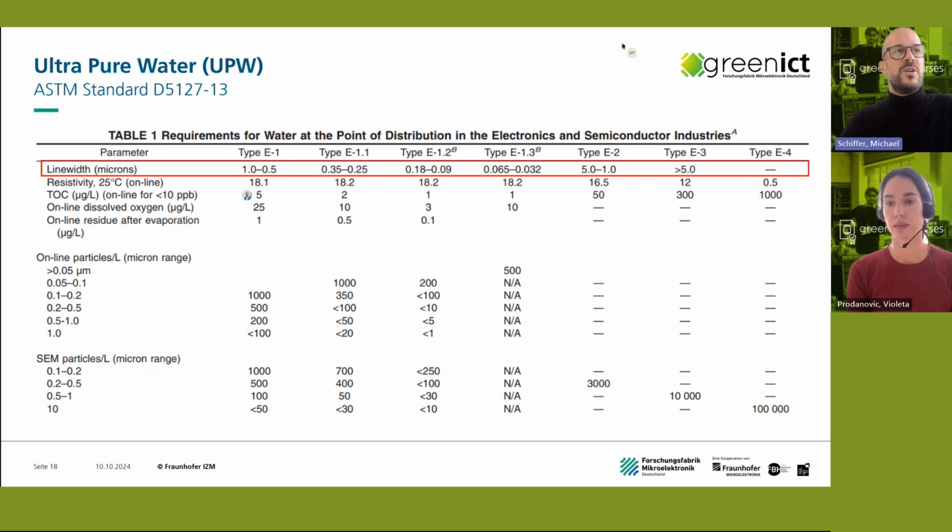We have a low dissolved oxygen here. Residues after evaporation are also very low. But you can see that also E2, E3, E4 for larger line widths or for substrate manufacturing or something like that, there you can go to different water types, but for very high quality wafer processing, you have to go to one of the type E1 waters.